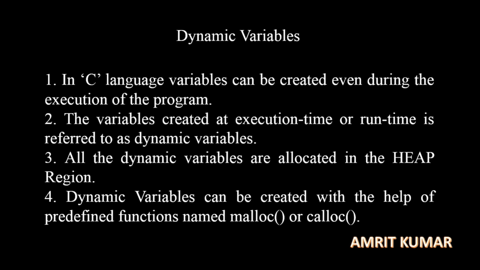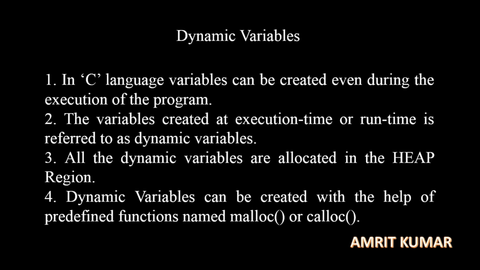A variable created during execution, that is at run time, is known as a dynamic variable. The variables created at execution time or run time are referred to as dynamic variables.